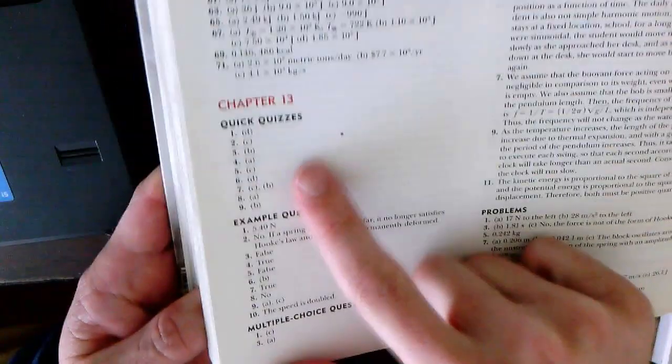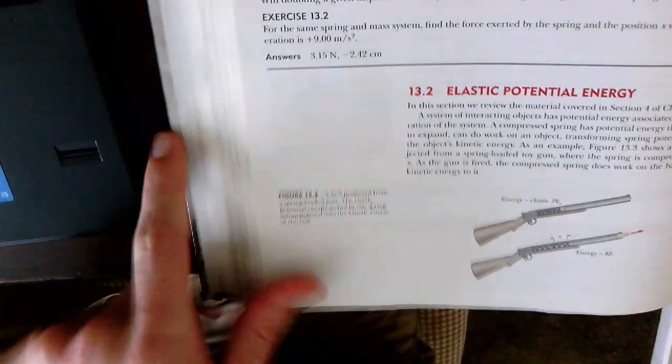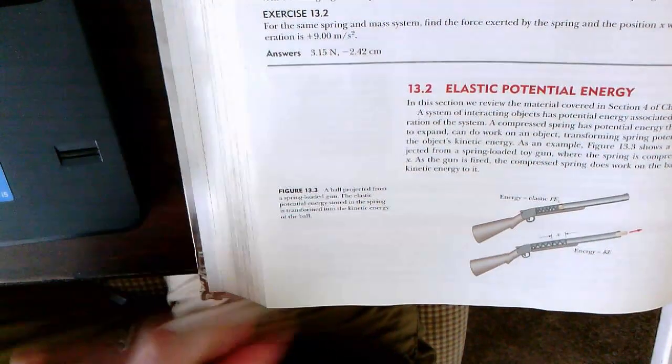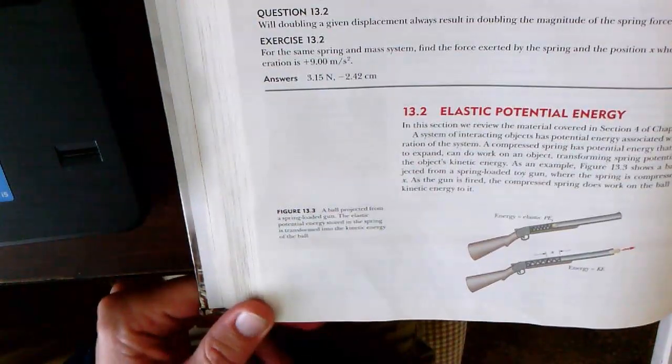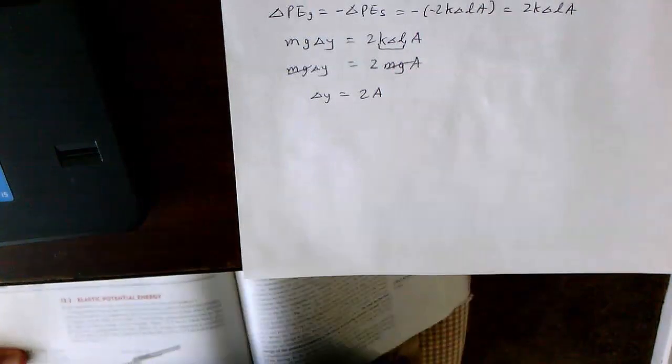I would suggest as you go through these, look at those questions. The exercises are probably too long to do, but the quick quizzes are good. Give yourself a little checking for understanding question, multiple choice. You can look it up in the back of the book. Put a little sticky note back there. Just makes it really, really handy and quick to look back at those answers. All right, I know that was longer than I thought, but that's kind of a finishing up 13.2.